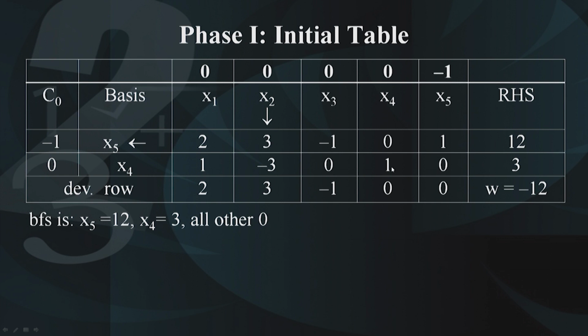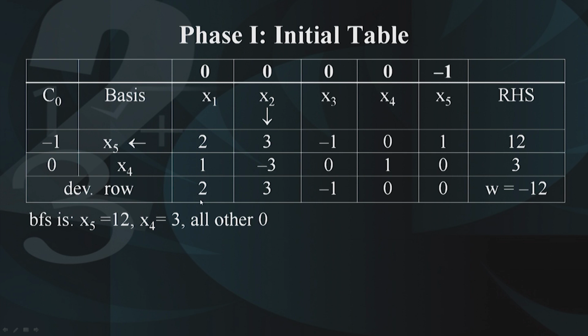Since x4 is a basic variable, it has entry 0. Similarly, x5 is a basic variable, so it has entry 0. The other 3 entries can be obtained as before: 0 minus (minus 1, 0) multiplied by (2, 1), which comes out to be 2, and similarly 0 minus (minus 1, 0) multiplied by (3, minus 3), which comes out to be 3.